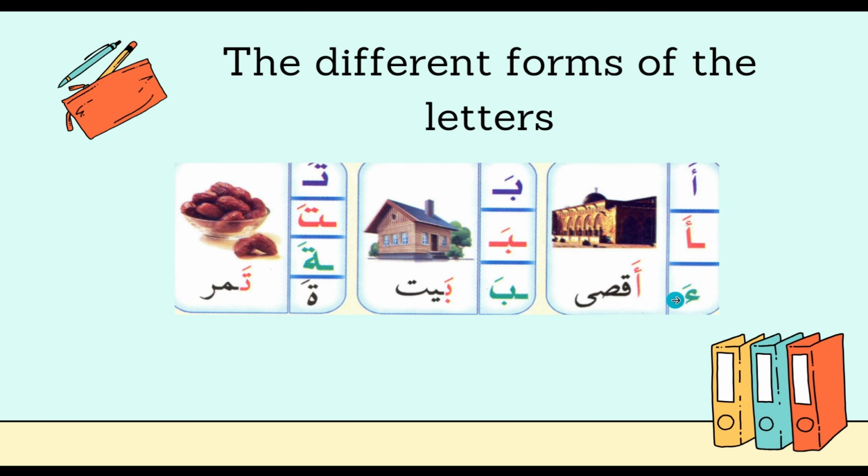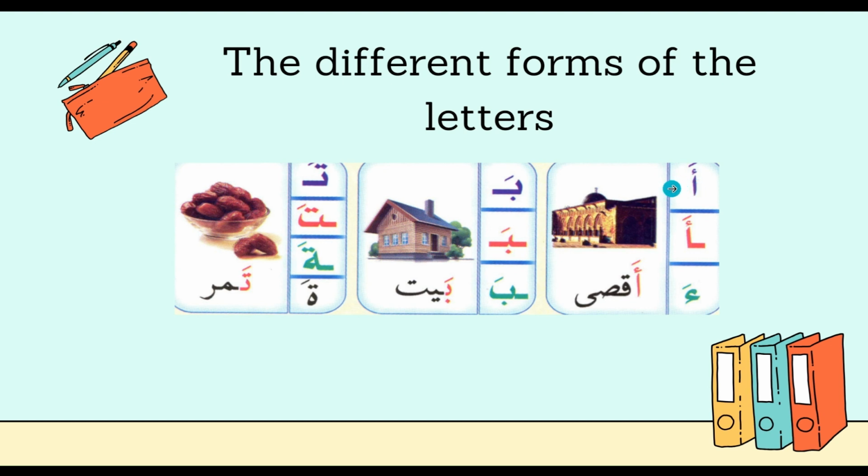So when Hamza, which is this letter, comes on top of Alif or on bottom of Alif or with any other letter, we call it Hamza. Okay, so this is Hamza. When Alif comes with Hamza, we call all of them here Hamza. But when Alif comes alone, then it's only Alif. This is so important to start with.